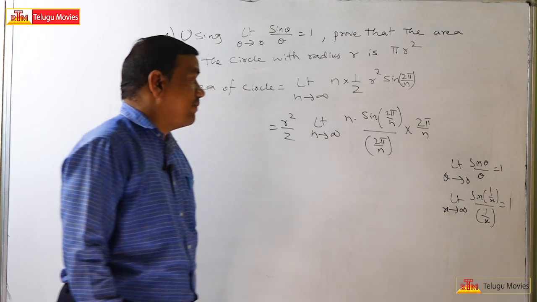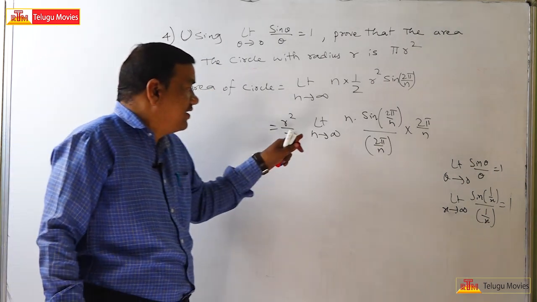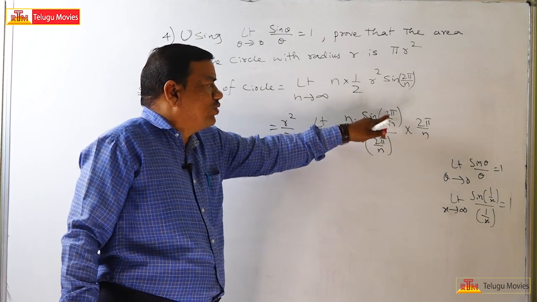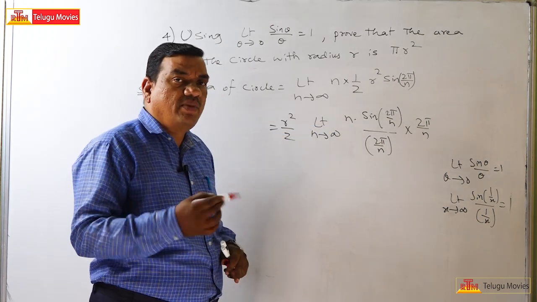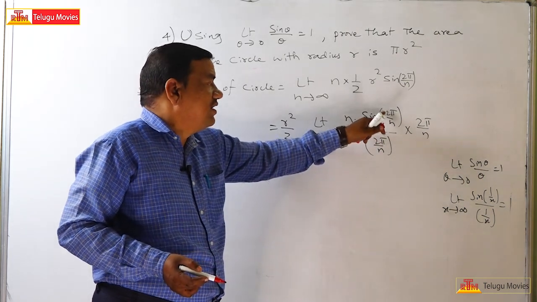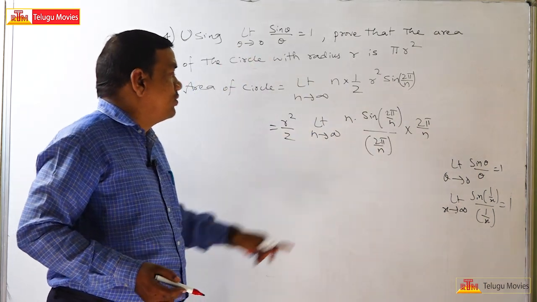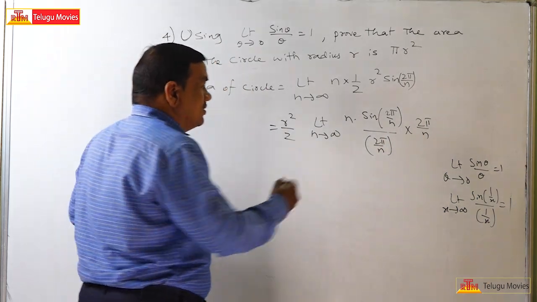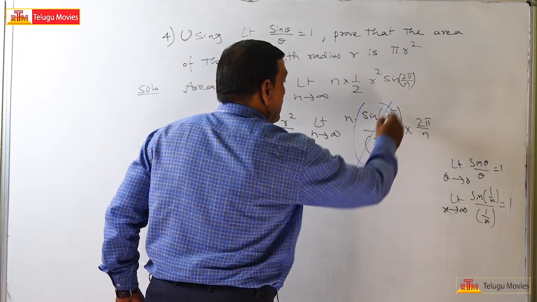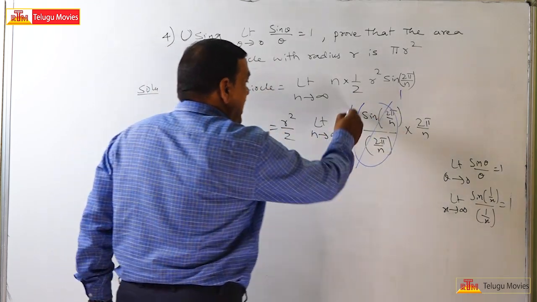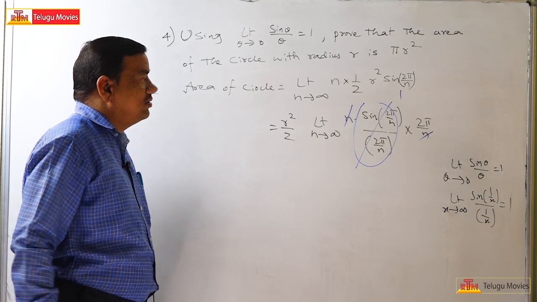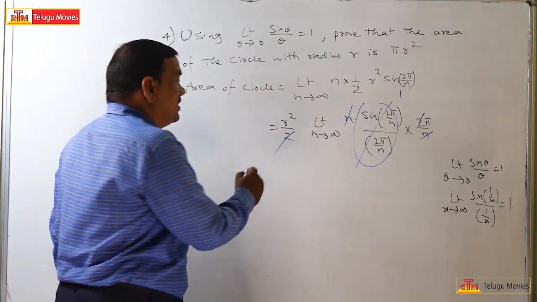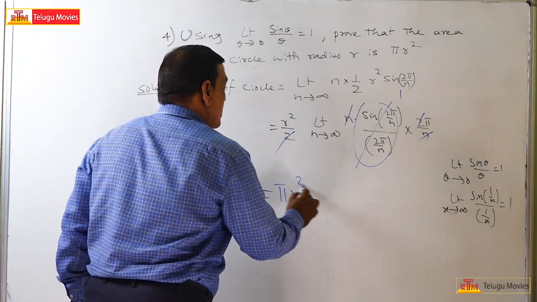So here n tends to infinity, otherwise you can put 1 by n is equal to theta, we can substitute here. So then we will get this format only. So 2 pi by n, 2 pi by n. So up to here the value is 1. Here n gets cancelled, 2 also gets cancelled. So ultimately we remain with pi r square.